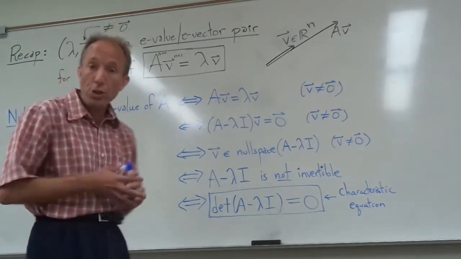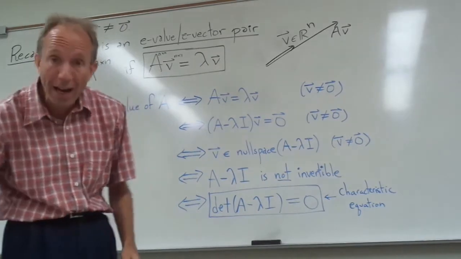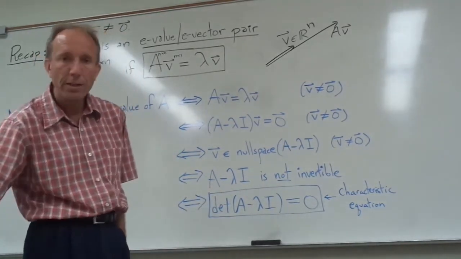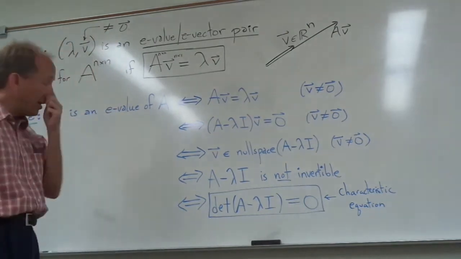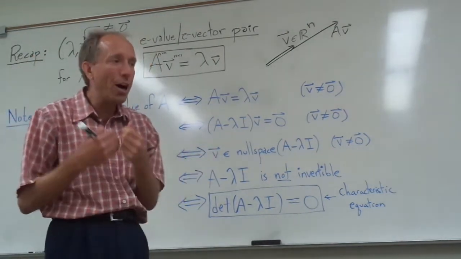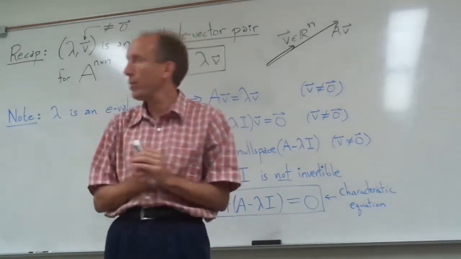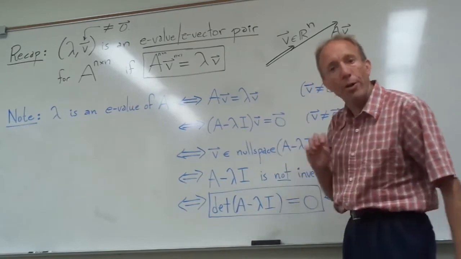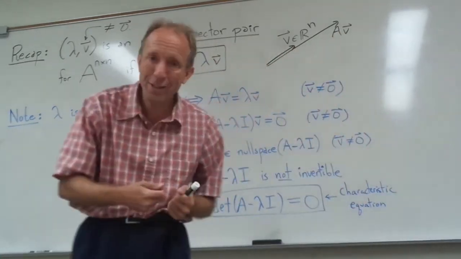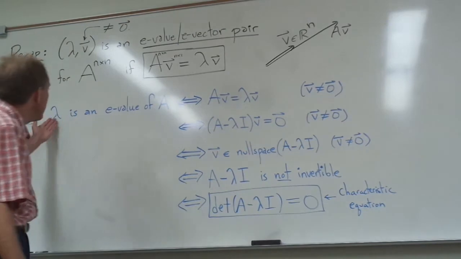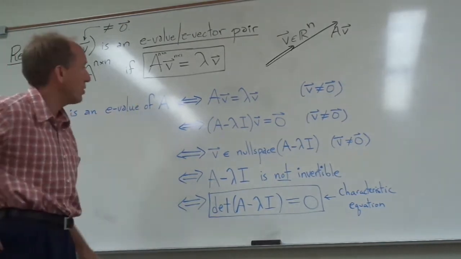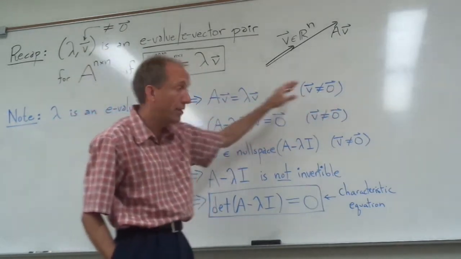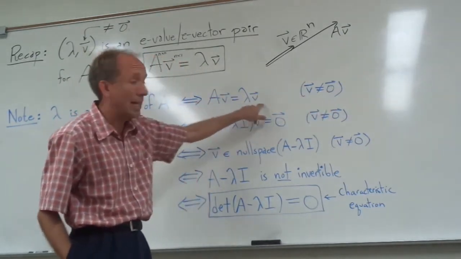So the question is going to come up right away: how can we find the eigenvalues and eigenvectors of a matrix? The way to do that is to first figure out what all of the eigenvalues are. Lambda is an eigenvalue of your matrix precisely when there is a non-zero vector such that Av equals lambda v.